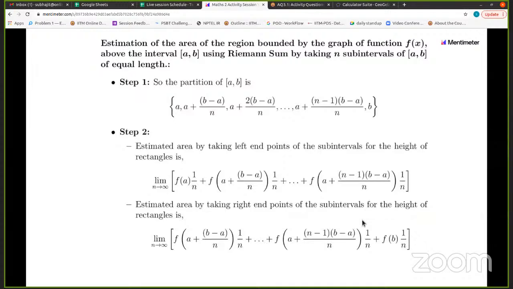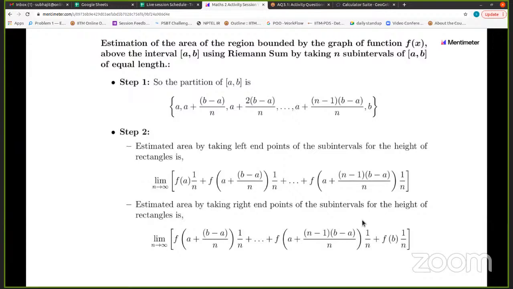So basically what we are doing, we are dividing the interval into some subintervals, and when we are approximating the area from the left hand points, suppose I am dividing the interval into the partition x0, x1 to xn.